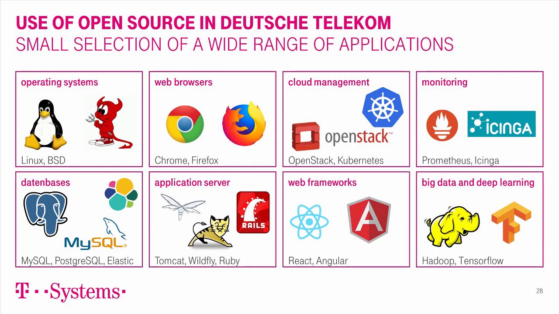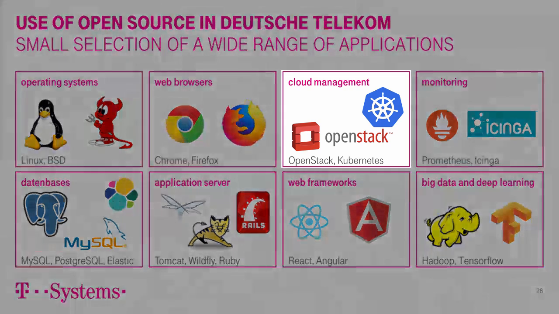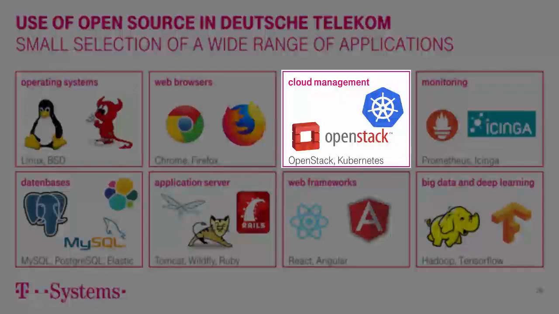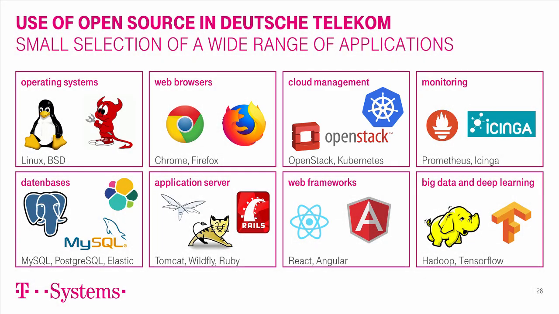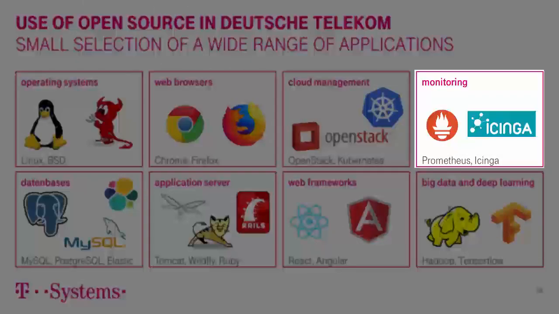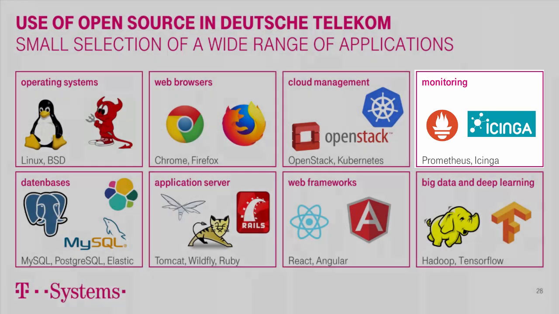But even on the very deep backend side for cloud management, OpenStack and Kubernetes are very popular open source based projects. In monitoring, there is Icinga, for example, used in many projects, as well as Prometheus, a very cloud focused monitoring framework.